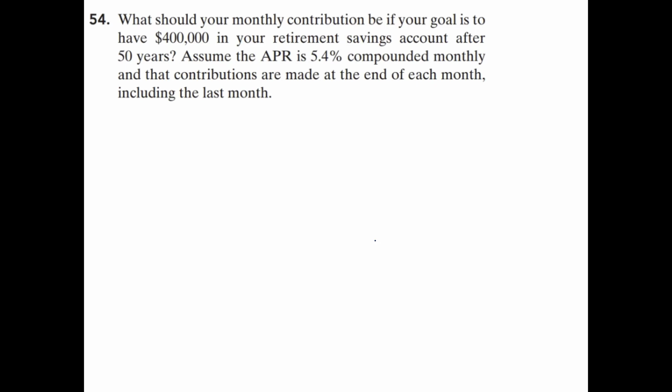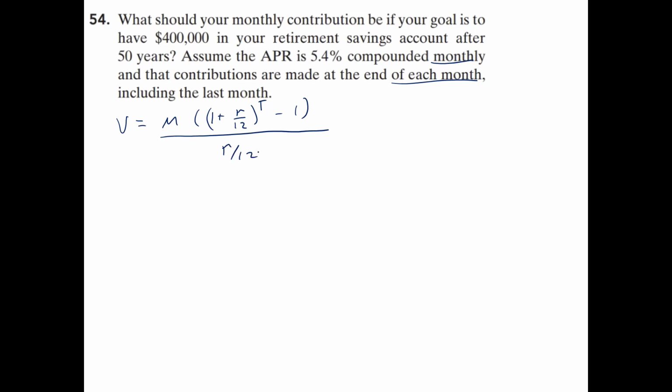So again, you have to know which formula you're using. And since we're making monthly contributions at the end of each month, then we're in that formula that we just finished. V is equal to your monthly payment times 1 plus R divided by 12 raised to the T minus 1, all divided by R divided by 12.